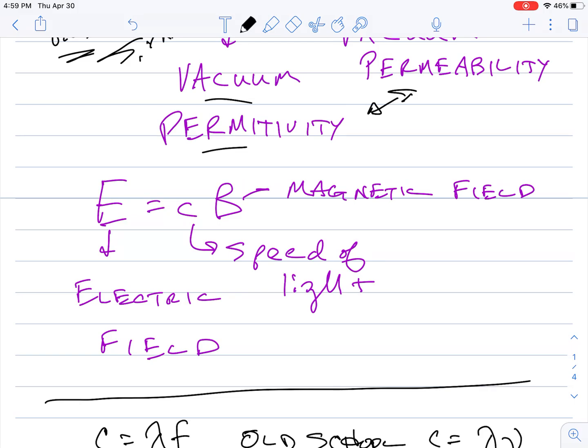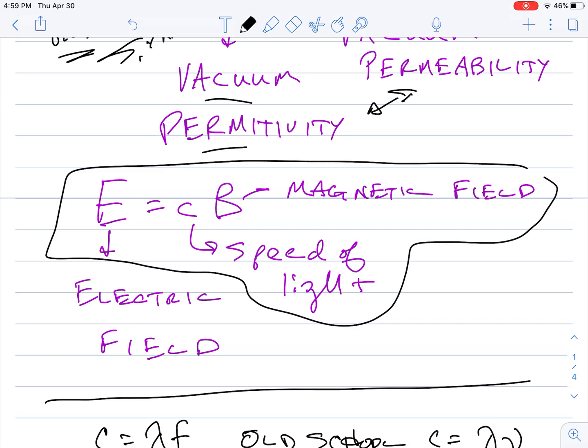Now, here's the other thing. The other thing he came up with is this equation. So basically what this says is that the electric field is going to equal the speed of light multiplied by the magnetic field. The speed of light is obviously a constant. So as the magnetic field becomes stronger, the electric field becomes stronger.